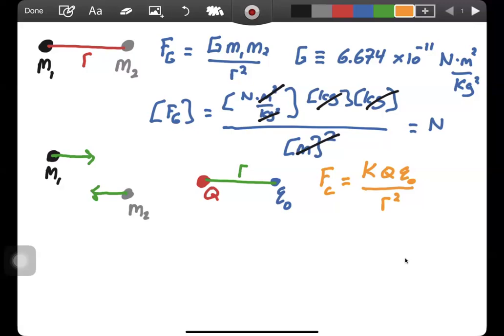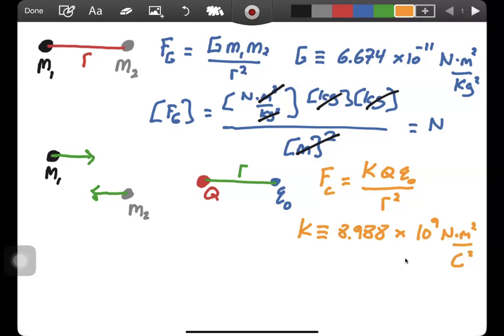Now the difference here is that the Coulomb constant K is defined as 8.988 times 10 to the 9 newtons times meters squared divided by Coulomb squared.